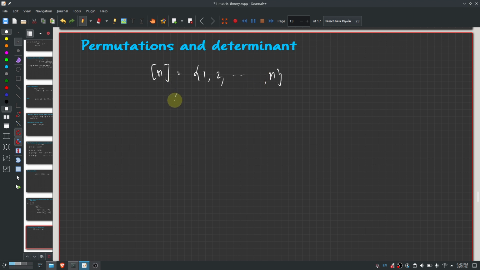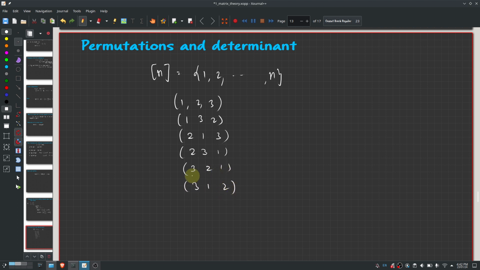So if I take 1, 2, 3, can you give me some possible reorderings, some permutations of 1, 2, 3? 1, 3, 2; 2, 1, 3; 2, 3, 1; 3, 2, 1; 3, 1, 2.